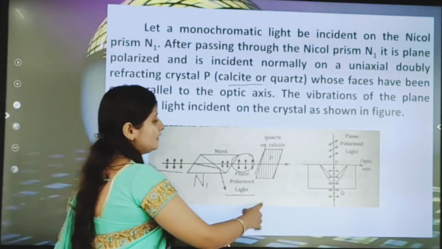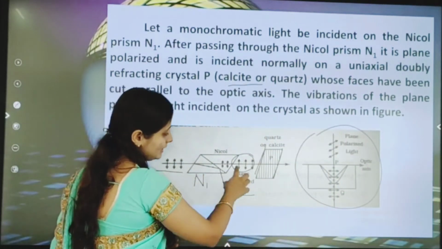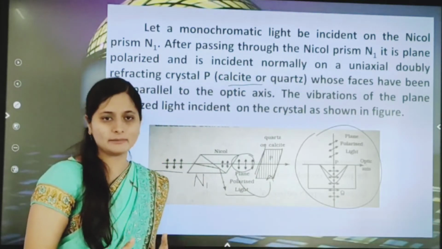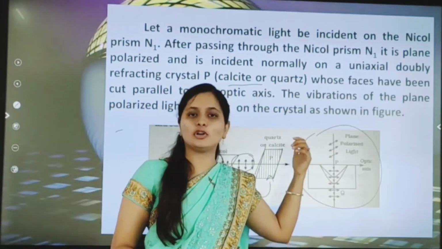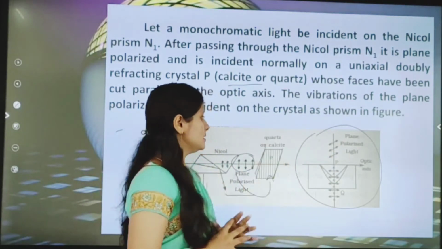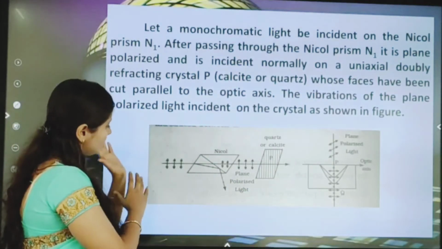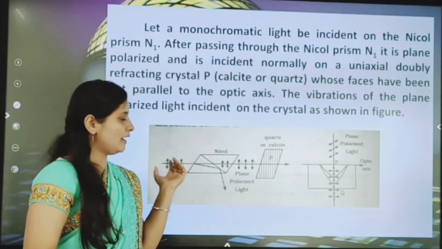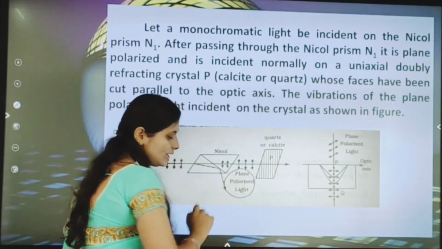So here they have given one figure. In that figure, the vibration taking place when the plane polarized light is incident on this crystal is shown. Once again, first we incident our monochromatic light on a nicol prism. After passing through the nicol prism, we get plane polarized light.